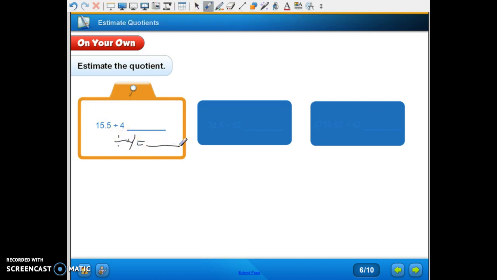What are the multiples of 4? 4, 8, 12, and 16. Okay, so 12 is just lower than 15, and 16 is just higher. Which one, though, is closer to 15 and 5/10? 16. So 16 divided by 4 is 4.